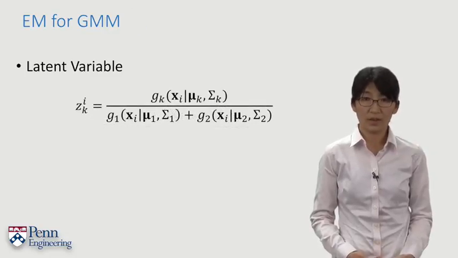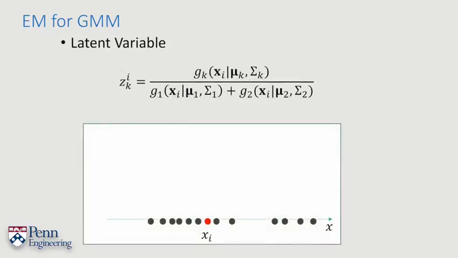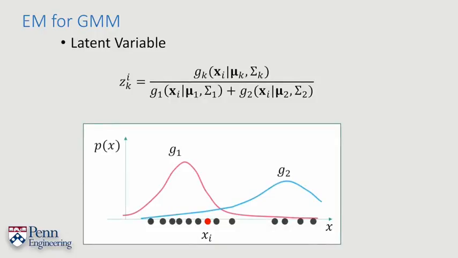Let's look at a 1D example with k equals 2. We have this point xi, and for the moment, we have some prior of two Gaussians, g1 and g2.